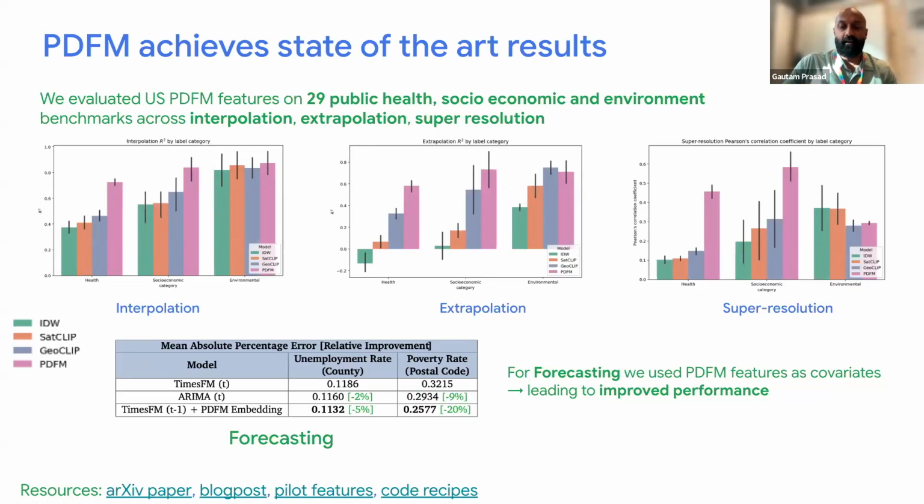What we found is that for most target variables across interpolation, extrapolation and super resolution, we're able to get state-of-the-art performance using these embeddings in the US. And for forecasting, when we combine the embeddings with TimesFM, we're able to get the best performance compared to a fully supervised approach and the TimesFM foundation model by itself.